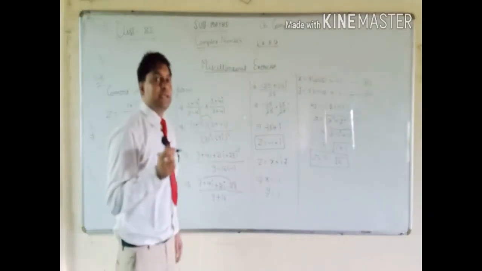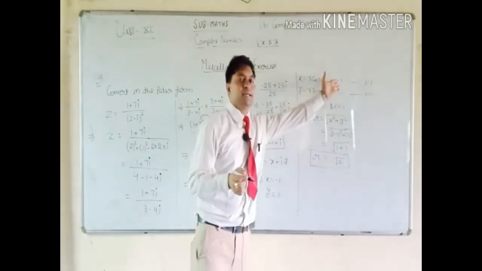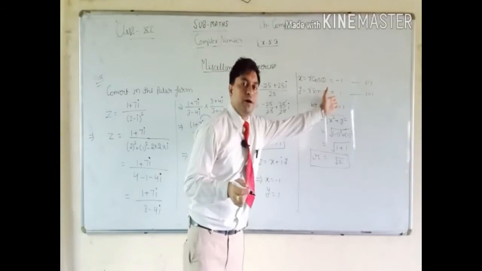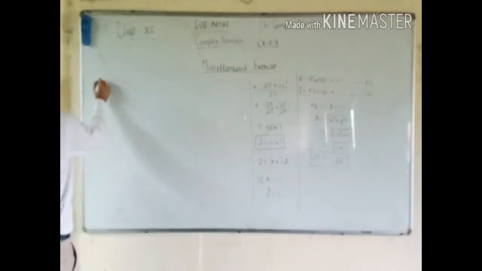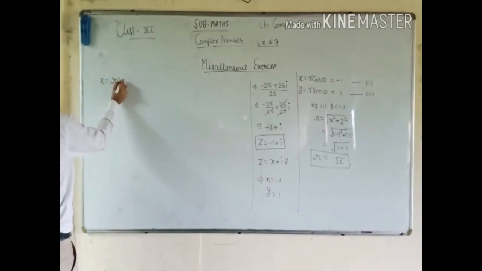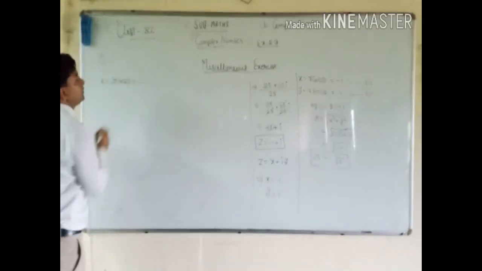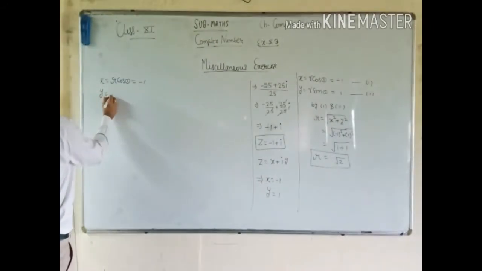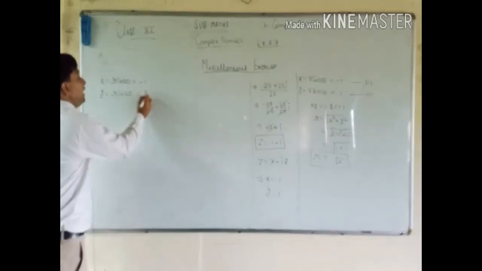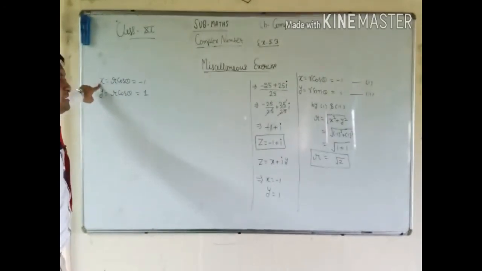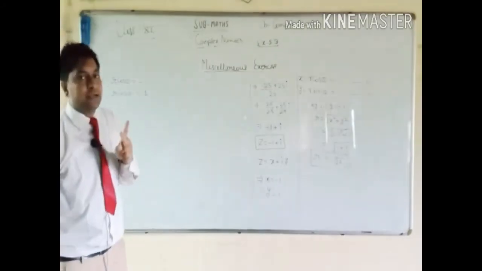Now we find theta of complex number when we have x equal to −1 and y equal to 1. So x equal to r cos θ and value of x is equal to −1, and y equal to r sin θ and value of y is equal to 1. And we know that the value of x is equal to −1 and value of y is equal to 1. It is in the second quadrant.